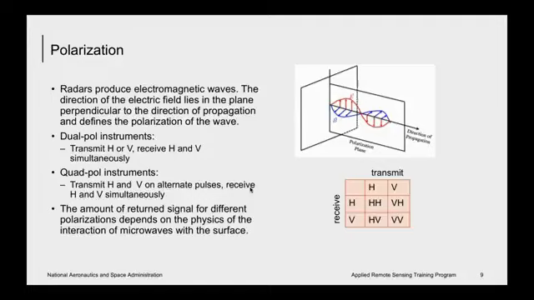So again, the amount of returned signal for different polarization depends on the physics of how the signal interacts with targets on the ground. So you can see how having polarization diversity helps you resolve different land cover types.